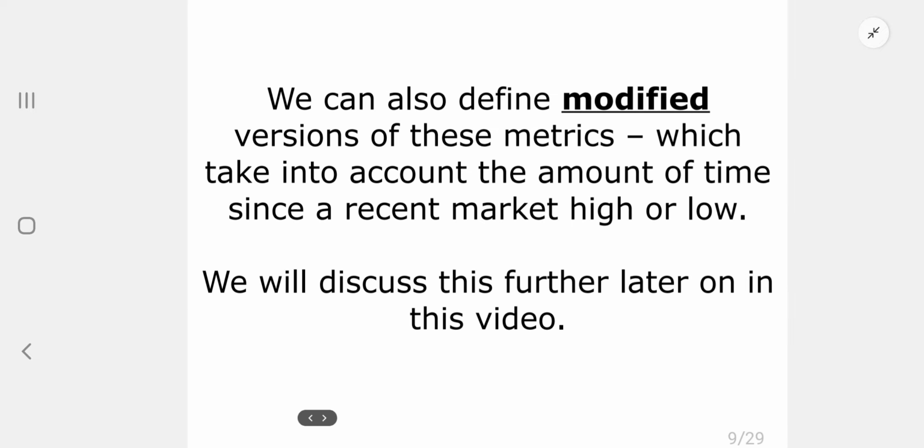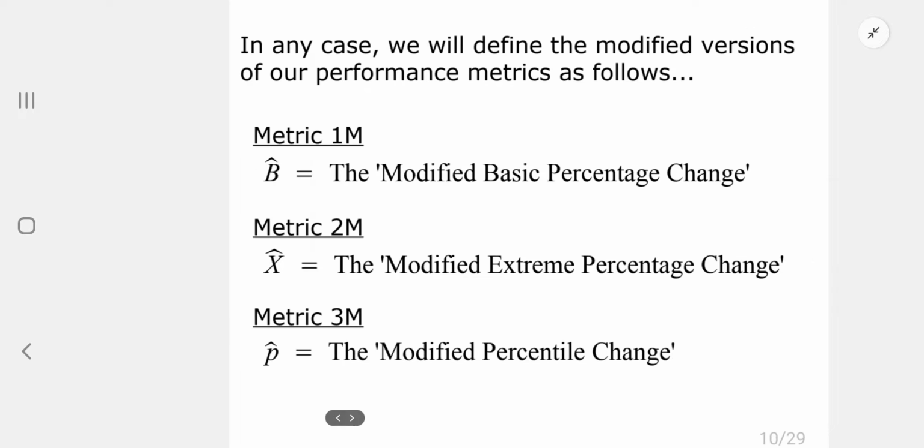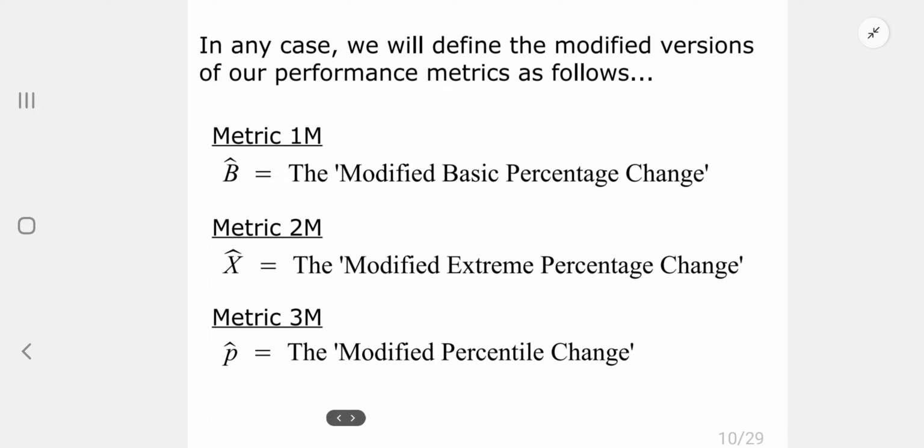We can also define modified versions of these metrics, which take into account the amount of time since a recent market high or low. We will discuss this further later on in this video. In any case, we will define the modified versions of our performance metrics as follows.